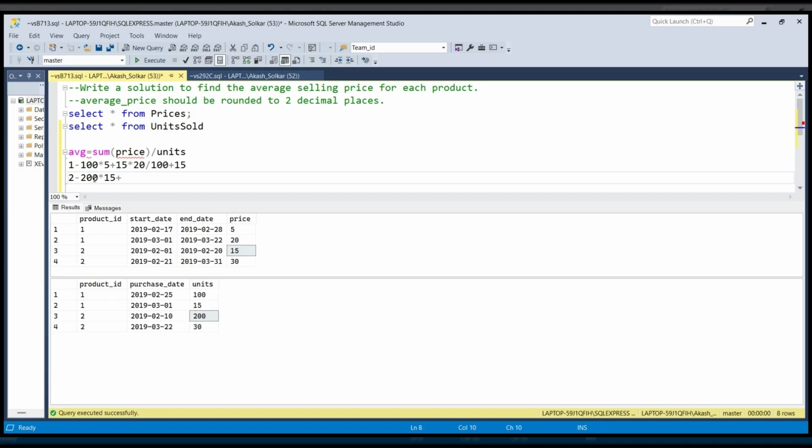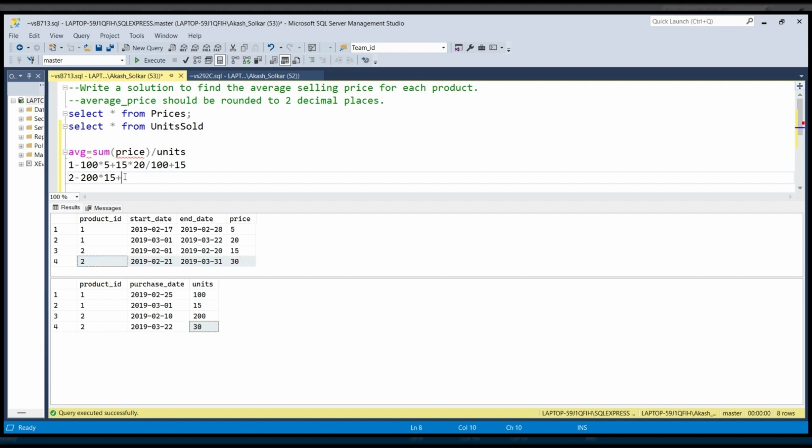Plus, for product ID 2, on the 22nd of March, 30 products sold when the price was 30, because that purchase date comes between the start date and the end date.